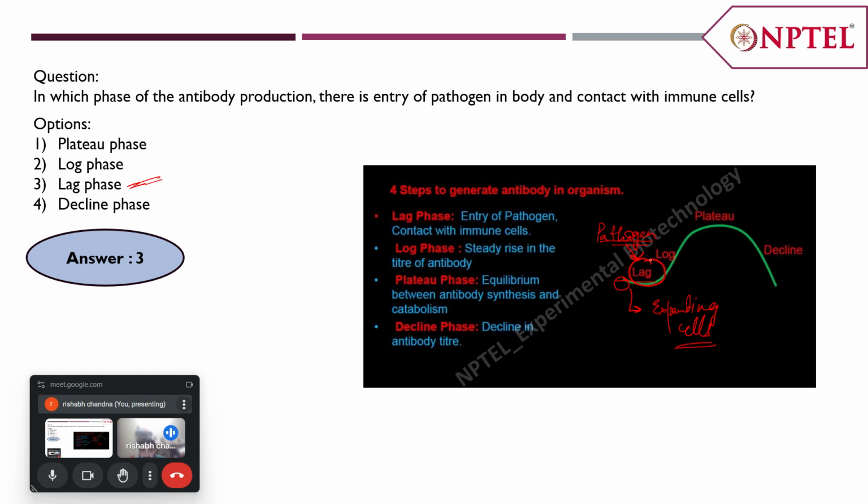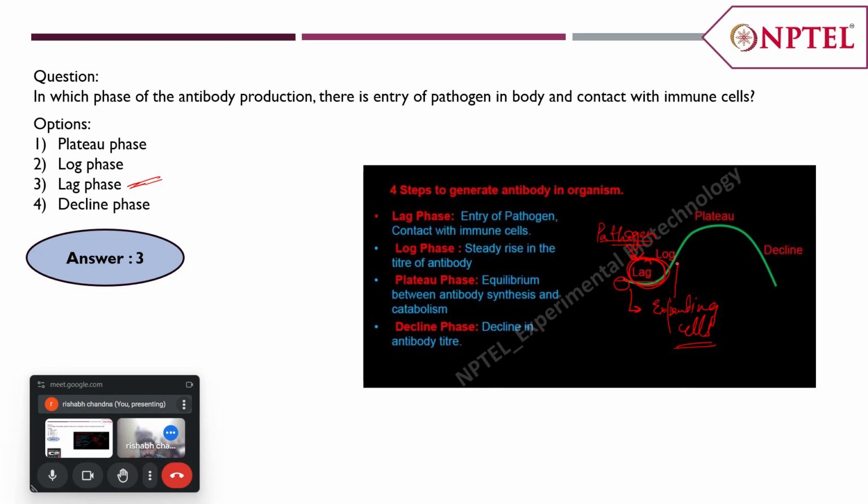So this lag phase determines the interaction of the pathogen with the immune cells. Then they start expanding the B cells or plasma cells specifically, through clonal selection and those theories.